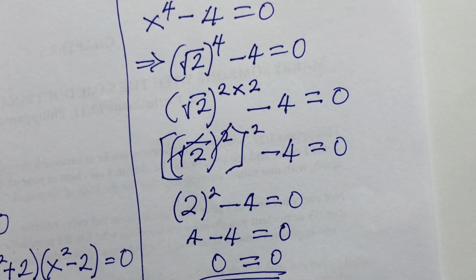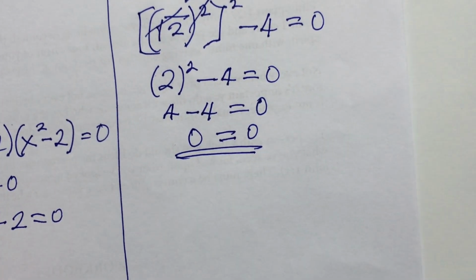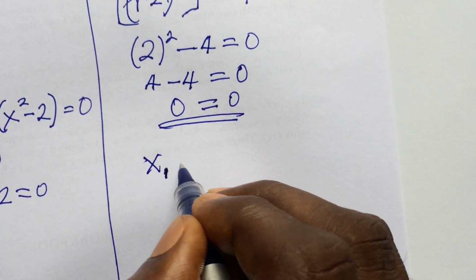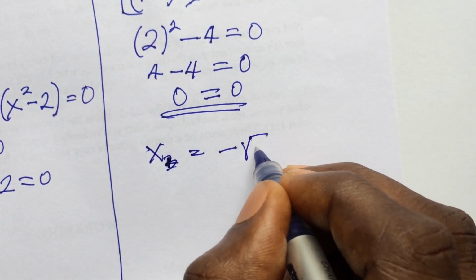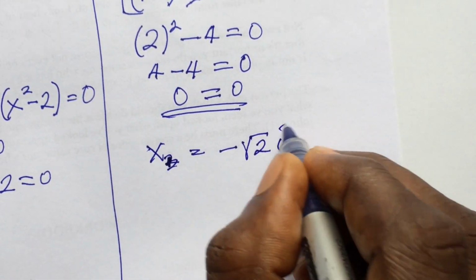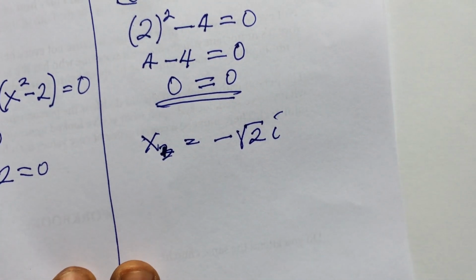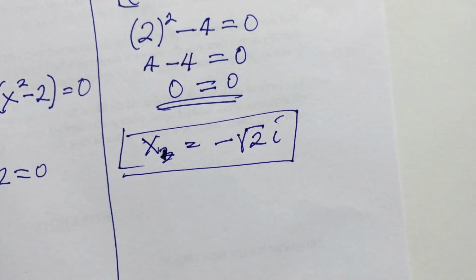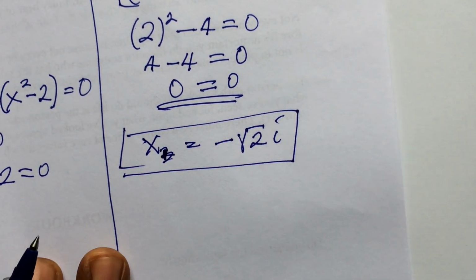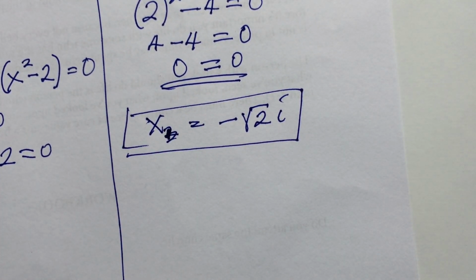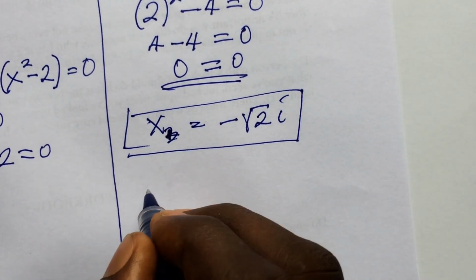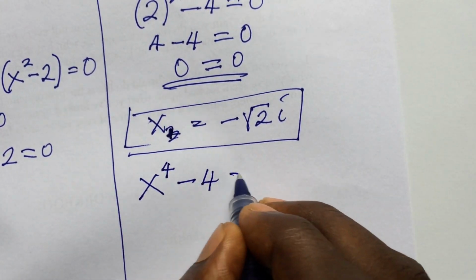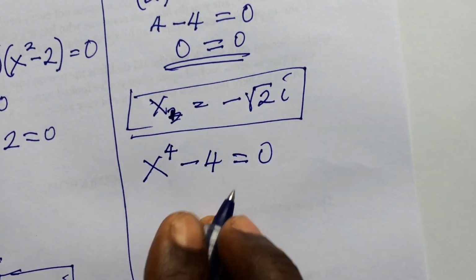But let's take one of the imaginary roots, which is the negative one. Okay, so let's check when x is equal to minus root 2i. So whenever we see x in our equation again, let's put this value here to see if it will give us the correct answer, if it will satisfy our equation. Okay, so we proceed. We're going to have our equation x to the power of 4 minus 4 equal to 0. So let's put in this value.